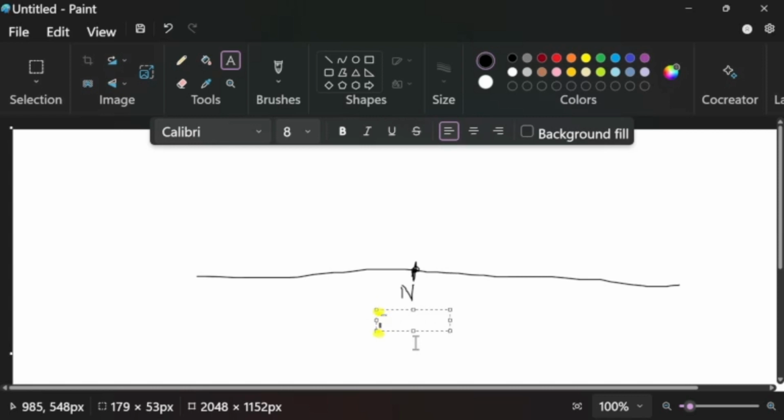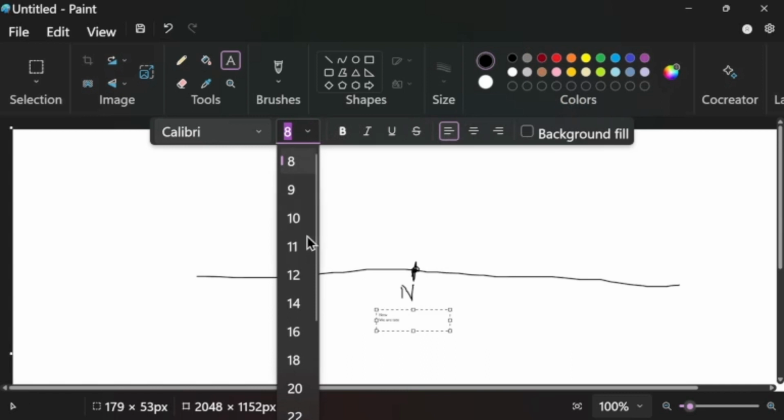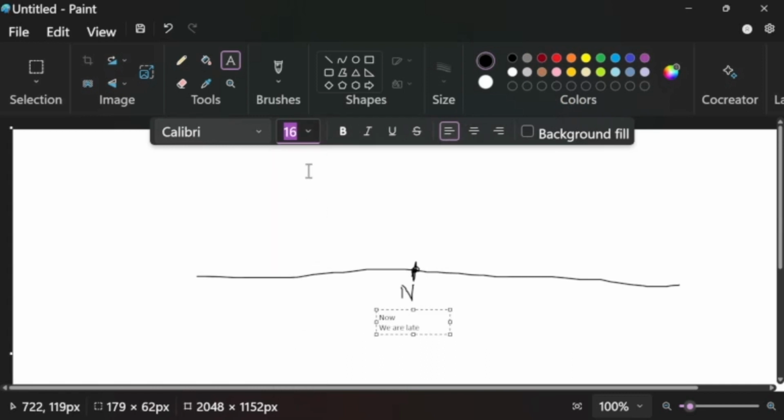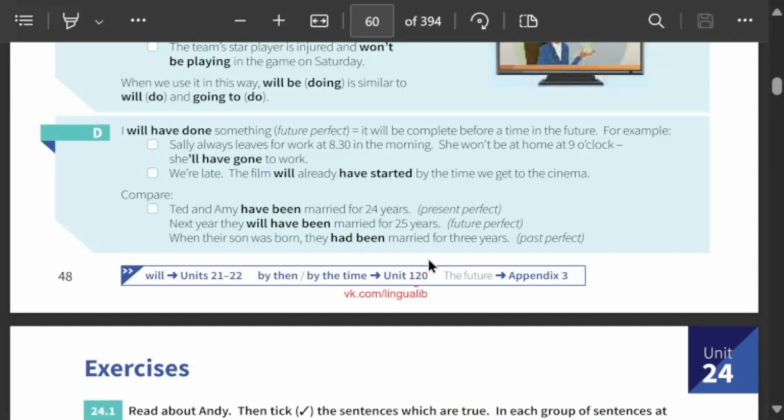Now, wait, I'll make it big, okay? We are late. I'll make it bigger, don't worry. Where is it? Here. What? 16? Maybe 18? 20. Okay, now we are late, okay? Now, the film will already have started by the time we get to the cinema.